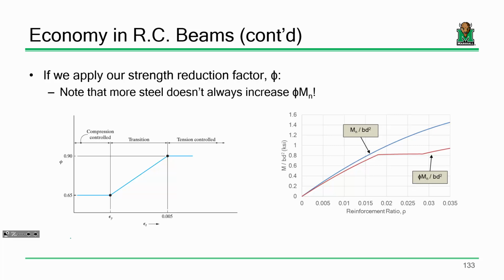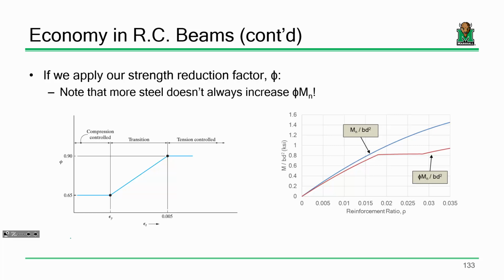This region right here is the tension controlled region, because we're not talking about a lot of steel, so the steel that is in the beam is experiencing very, very large strains. But when we start piling steel into that beam, like we say, okay, we've got to really throw a lot of reinforcement in there, that steel cannot experience those large strains, so the beam starts to become more controlled by compression.